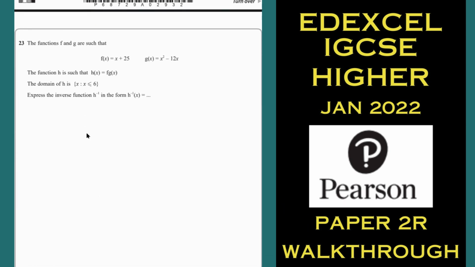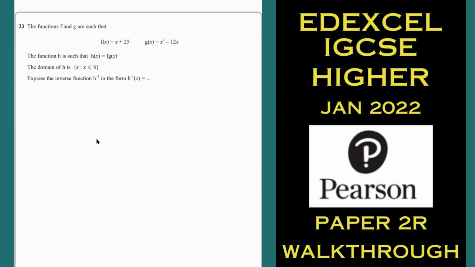And finally, composite functions, but also inverse functions. Before you even try to find the inverse, find the function itself, which is the f of g of x, which means the g of x needs to go in and replace x in the function for f.